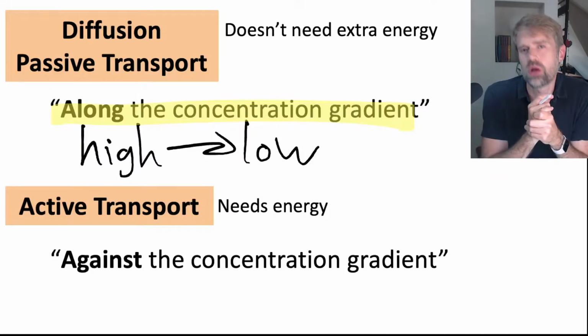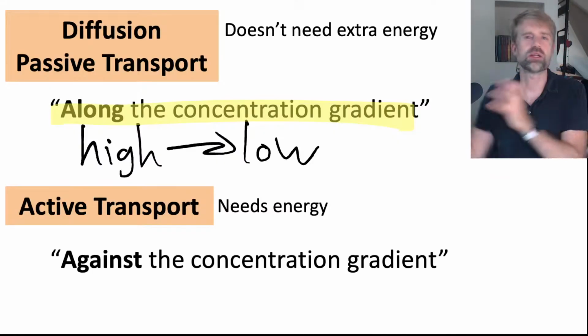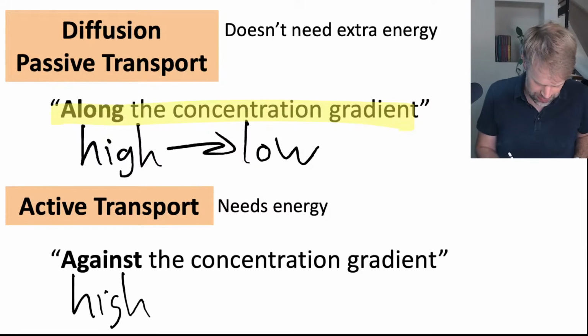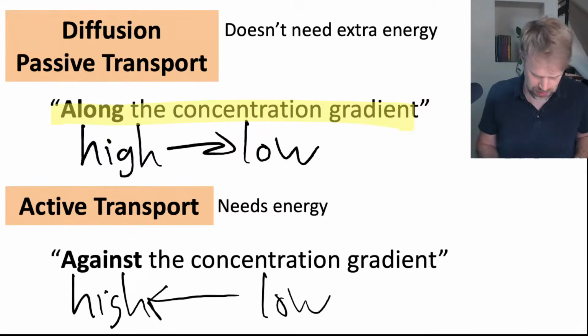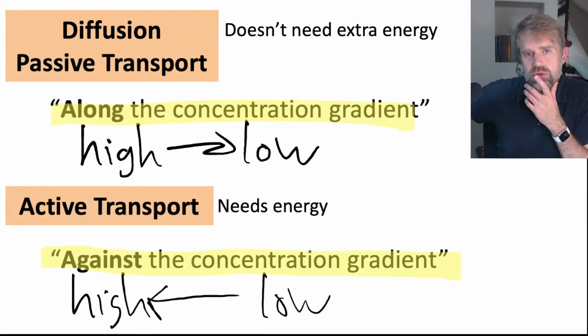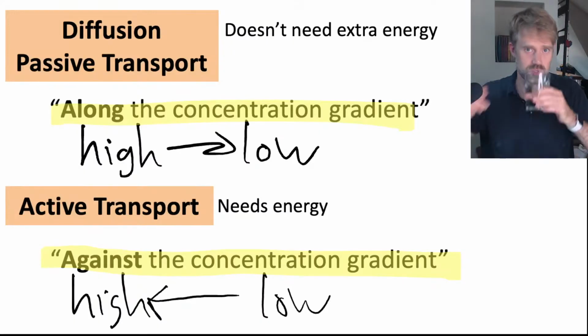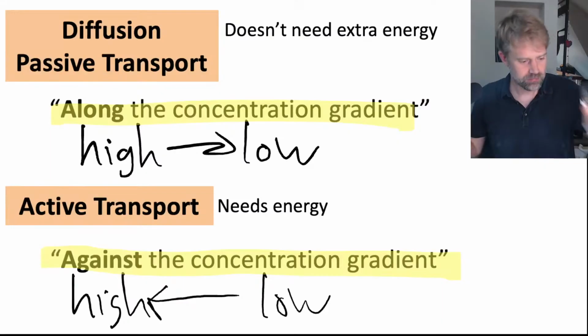It just means that along the concentration gradient is high to low. It's the direction that it wants to go. Okay? However, if you have something at a low concentration and you want to go to high, that takes energy, as we said, and you have to move it against the concentration gradient. And that's a term that we use, against the concentration gradient.